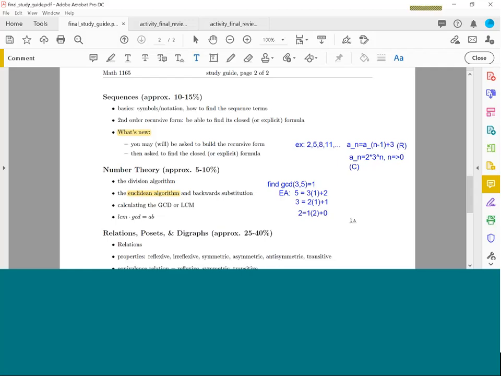So maybe this would be something where I would have 3 blanks where you would type in that algorithm, or maybe it's 6 blanks where one side is the 5, the 3, the 2, and the other side is that expression of 3 times the 1 plus the 2, and I would tell you what that expression is. Okay. So that might be the idea of how to do this.